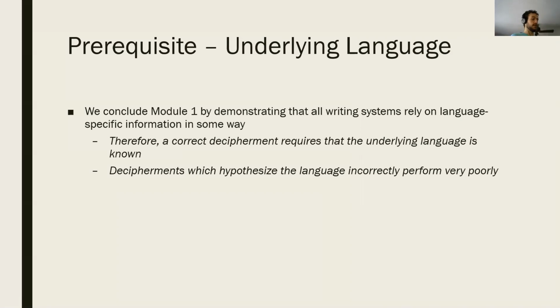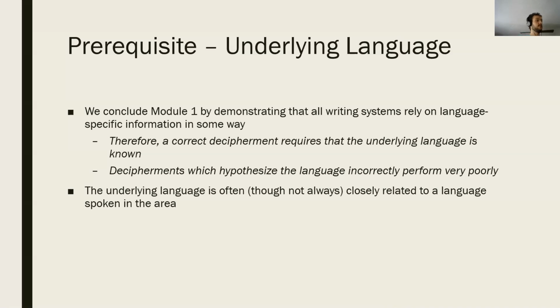As an example of this, when we were talking about Linear B, when Ventris assumed that Linear B represented the Etruscan language, he had a very difficult time completing the decipherment. But when he assumed it was similar to Greek, everything fell into place much more easily. And we see in our example decipherments that educated guesses about the underlying language were very important to begin the decipherment.